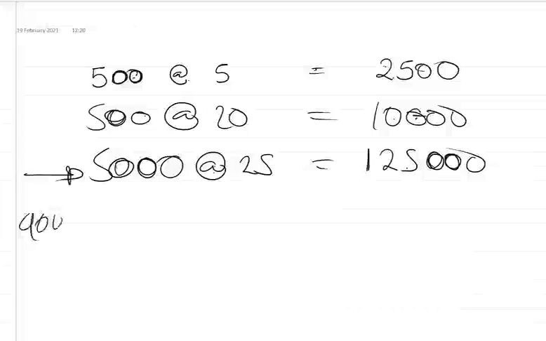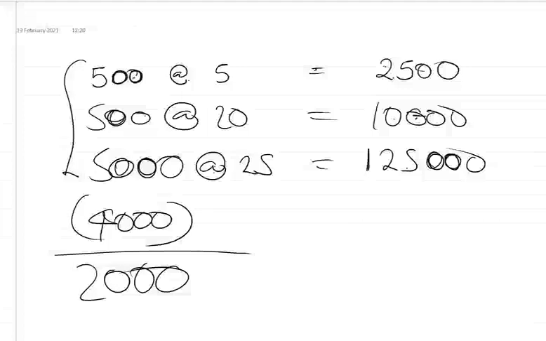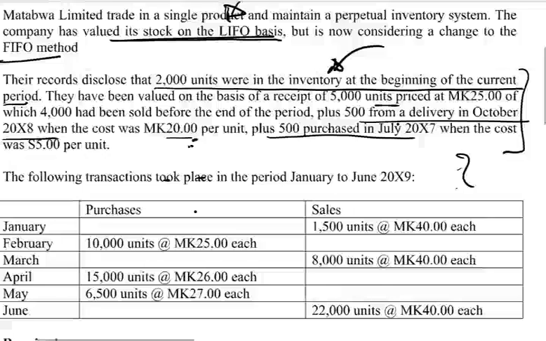So the whole 4,000 will come from here. If we remove the 4,000 from this inventory, which is 6,000, the remaining will be 2,000. This is the inventory stated to be the opening inventory.